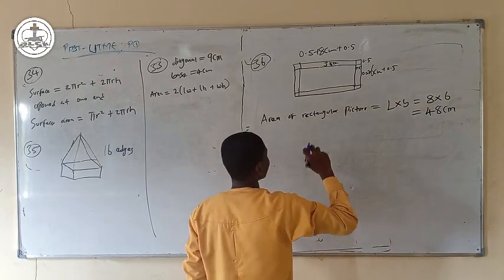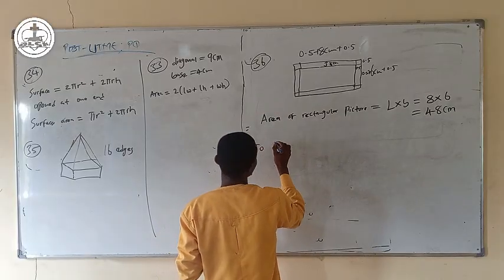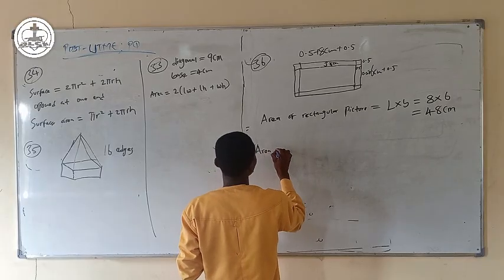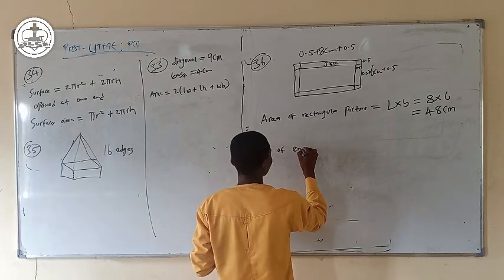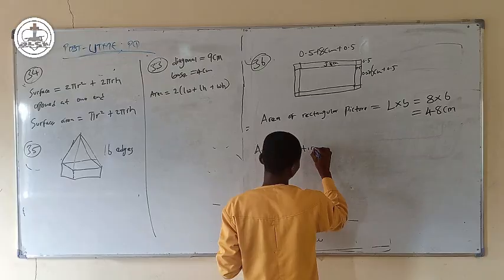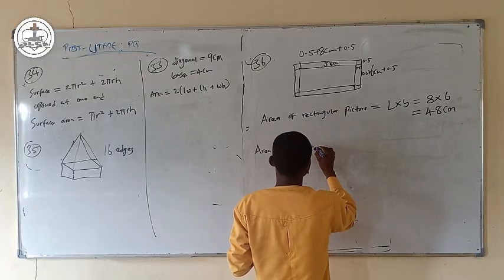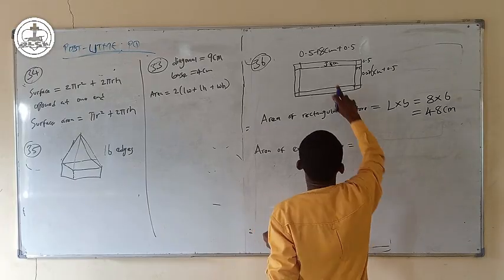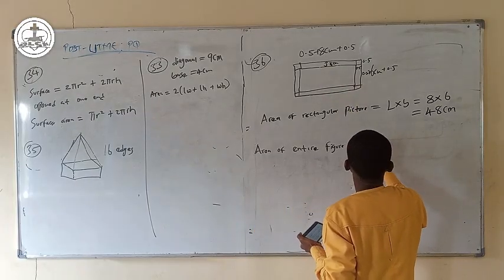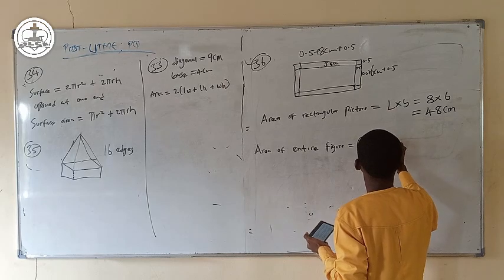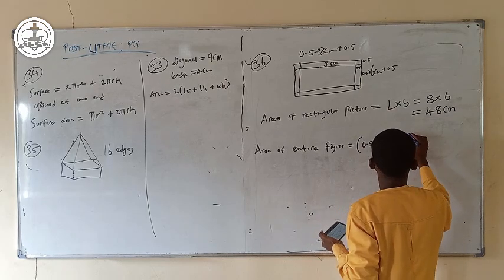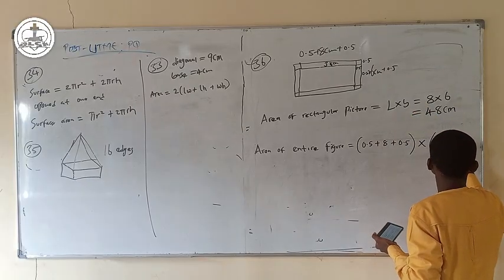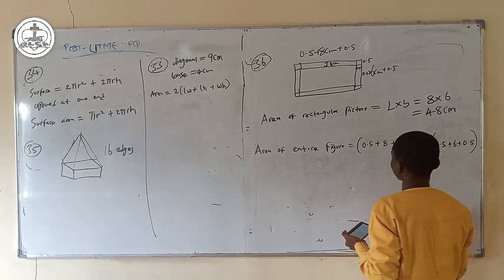So the area of the entire figure, our length will be (0.5 + 8 + 0.5) times (0.5 + 6 + 0.5) centimeters.